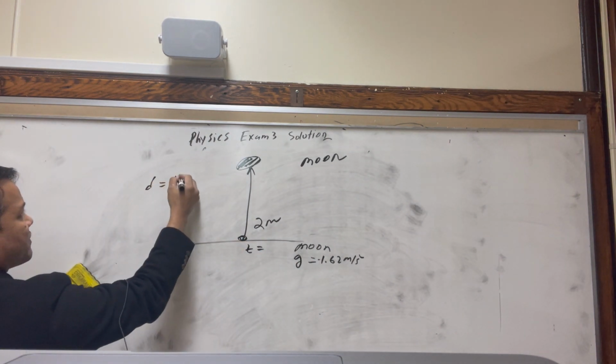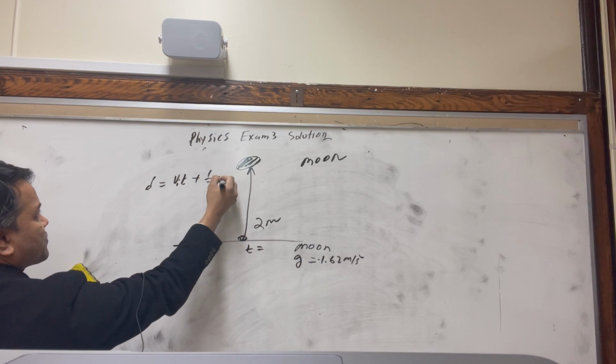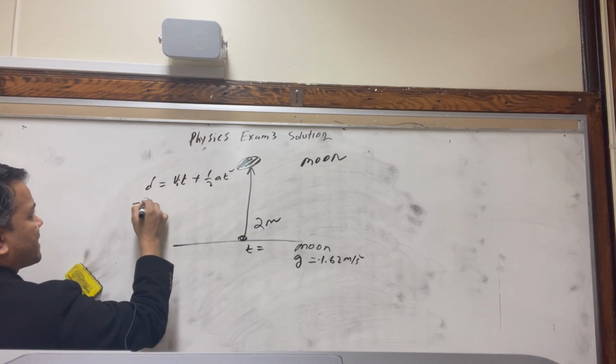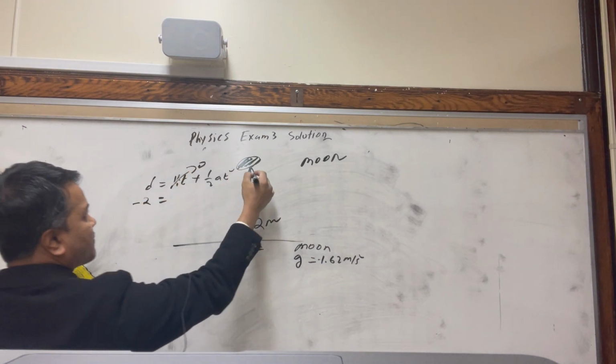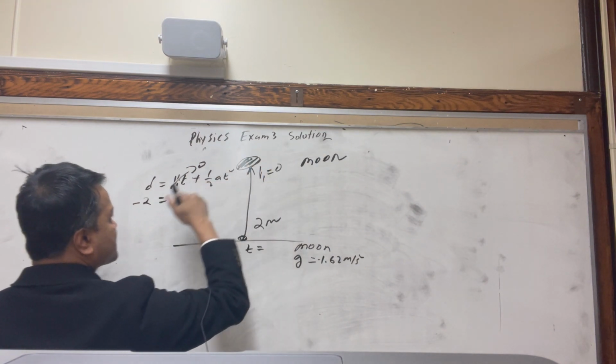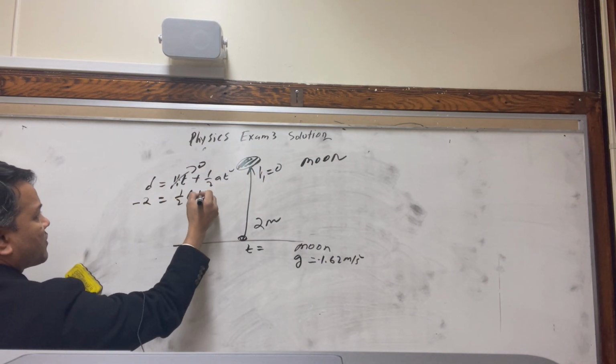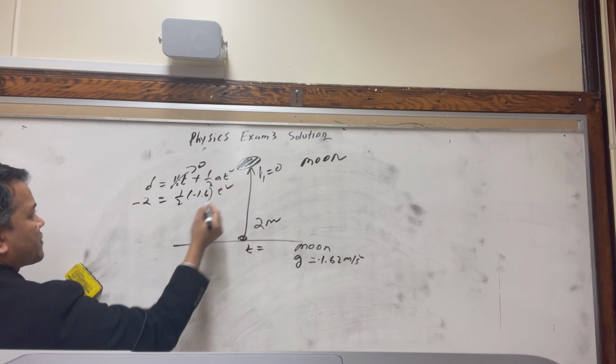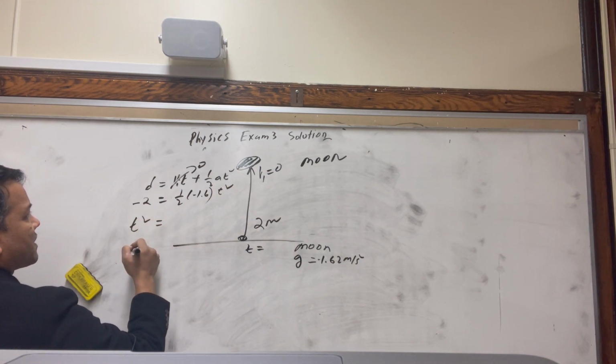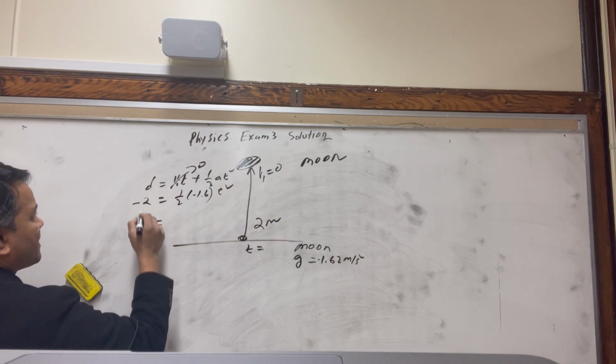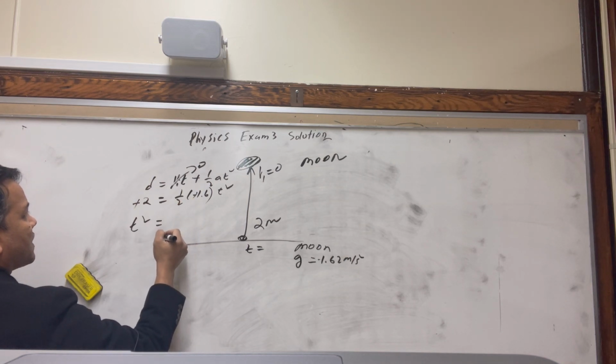So d is equal to Vit plus half at squared, and that distance is negative 2. Vi is 0 because you're dropping it. Dropping means initial velocity is 0. So half of negative 1.6 t squared. So t squared is going to be, negatives cancel, of course.